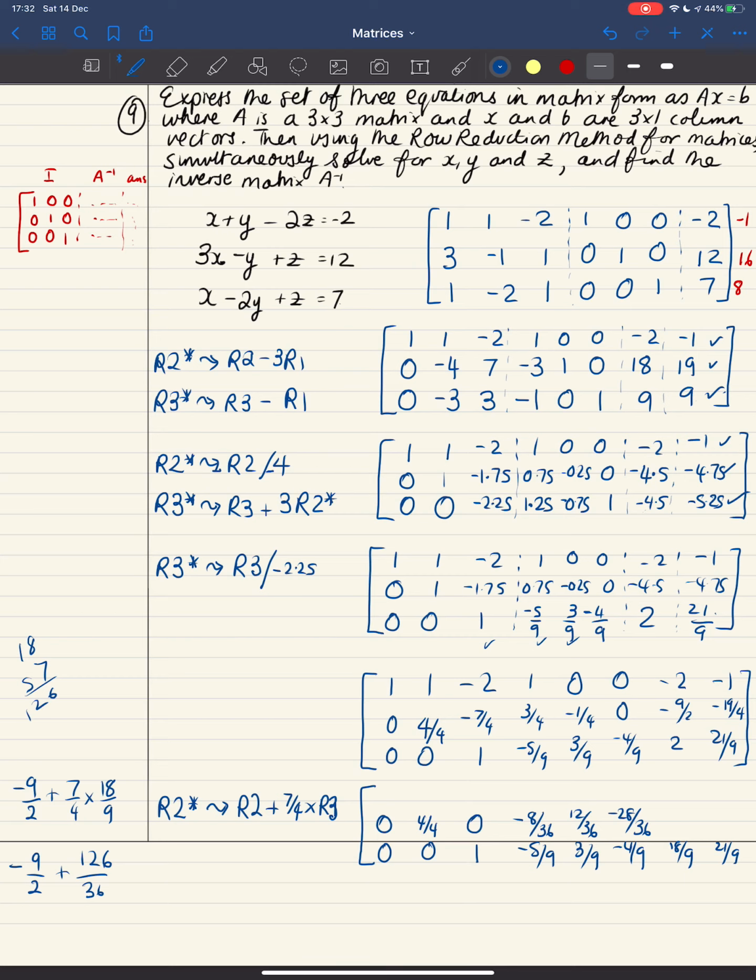Minus 9 over 2, 9 times 18, 72. Minus 162 plus 126 over 36. 26, 36, 46, 56, 36. Minus 1.